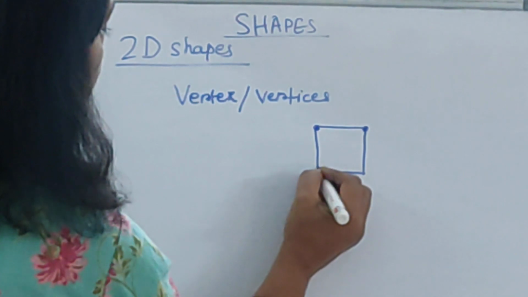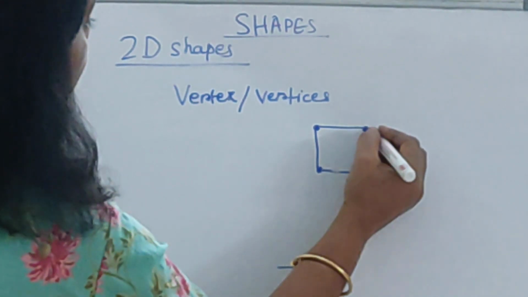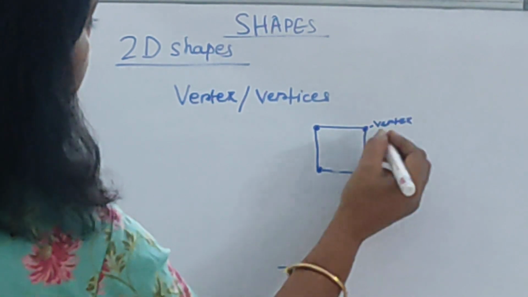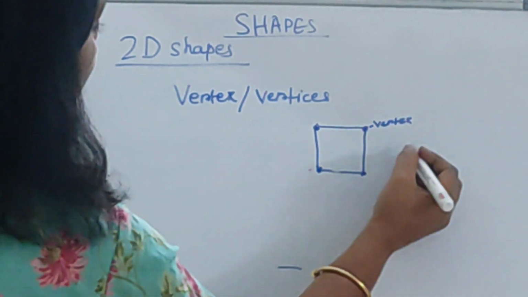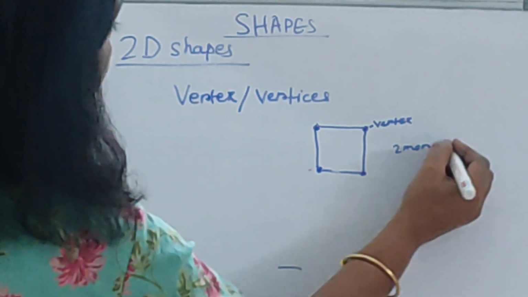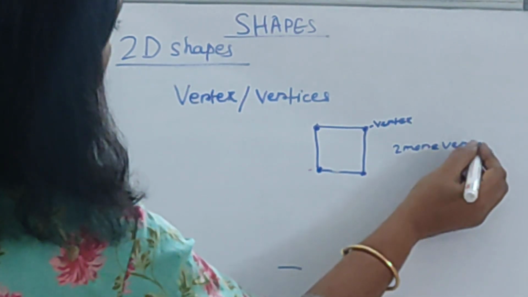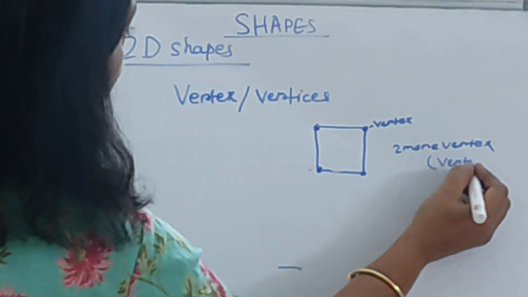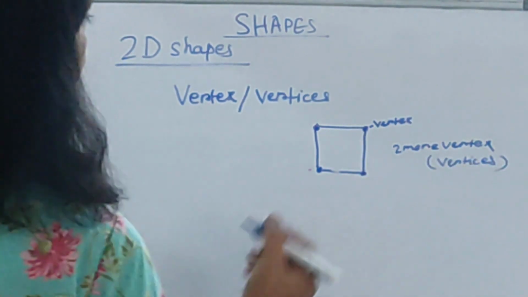This is called a vertex, and when there are two or more, they are called vertices.